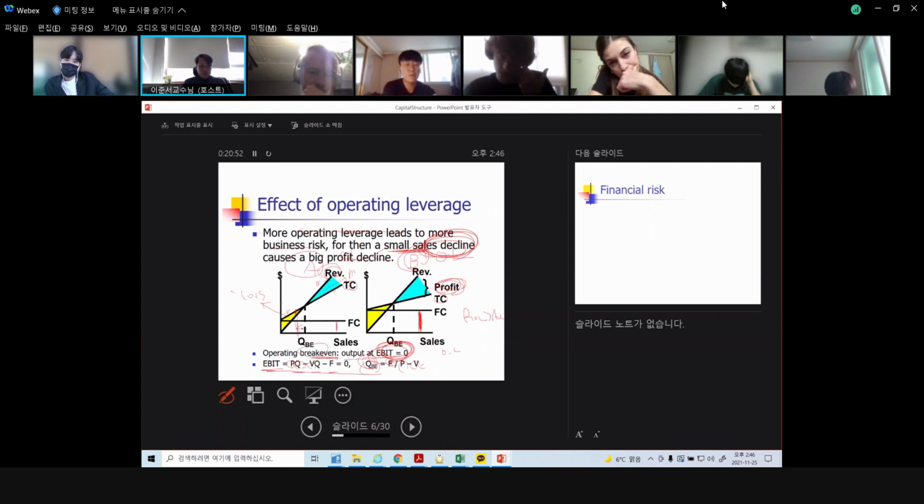So if the quantity decreases, then we have this amount of loss in graph A.